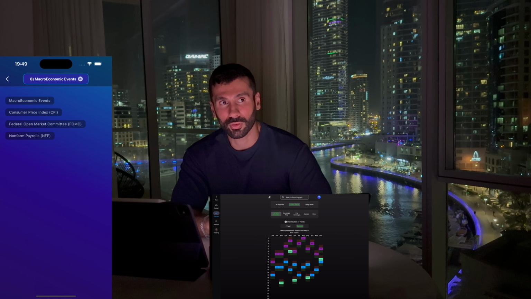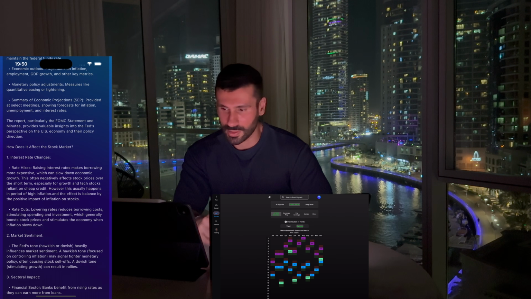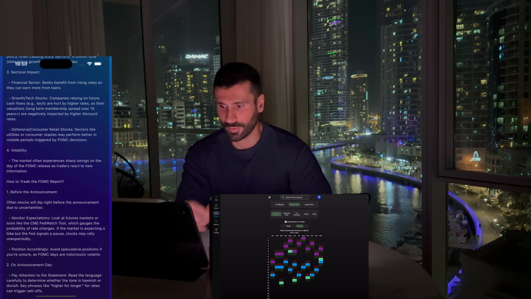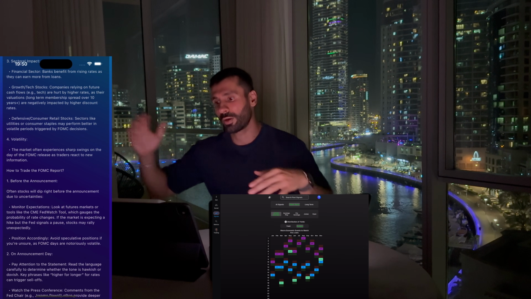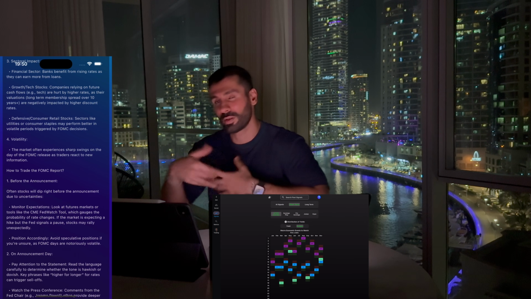They assess how the growth in the economy is. All the details are here. And they then decide what they're going to do with interest rates. Okay, so they decide whether or not they're going to go up. And this affects the whole economy because interest rates mean money supply.